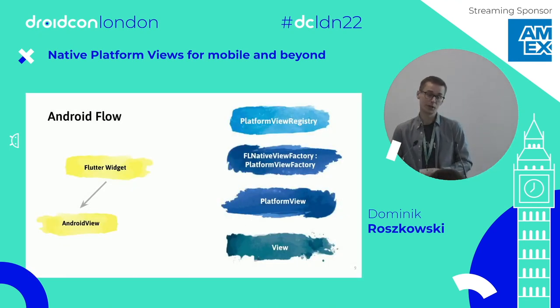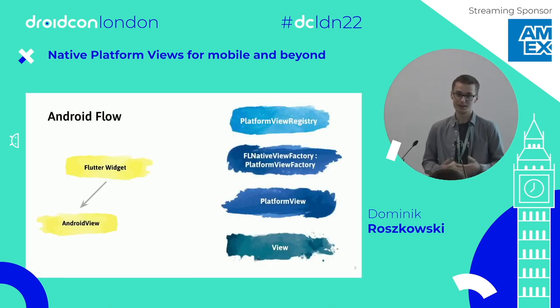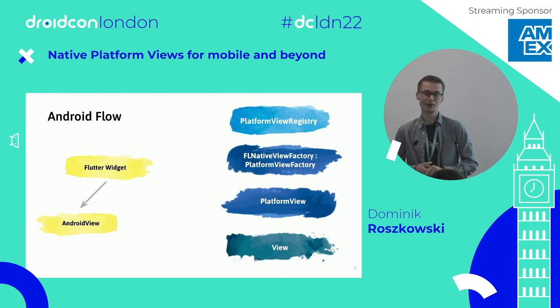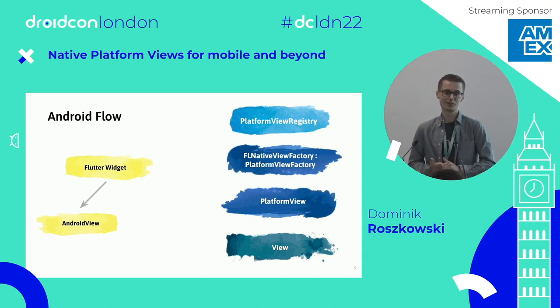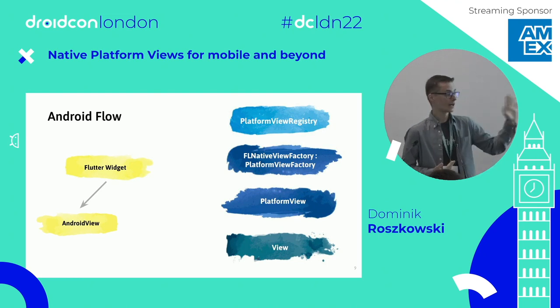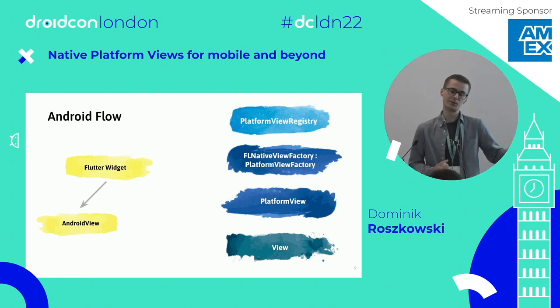On Android, the situation is a bit more complex. As usual, we have different versions of Android, different vendors and makes and things like that. Also, it's a bit more advanced. You have access to a little bit lower level if you implement an Android native view. The native side is very similar to what we saw a second ago. The main difference is that on Android, there is a separate registry for platform views.